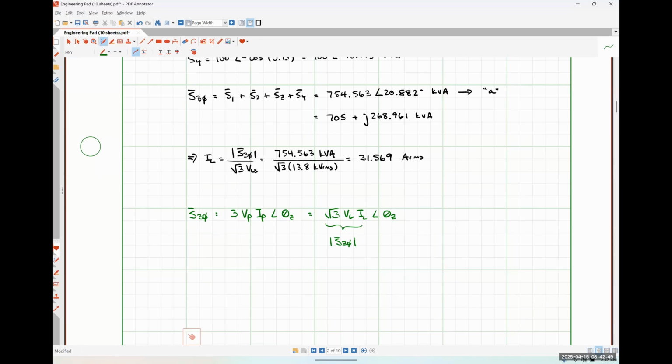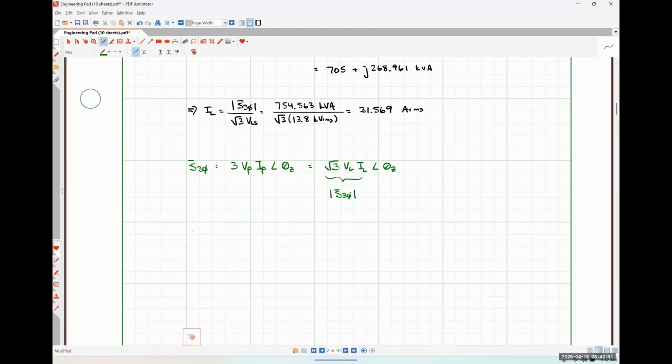So if my apparent power is equal to √3 times VL times IL, then I could rearrange that to find that IL is just my apparent power divided by √3 times VL.